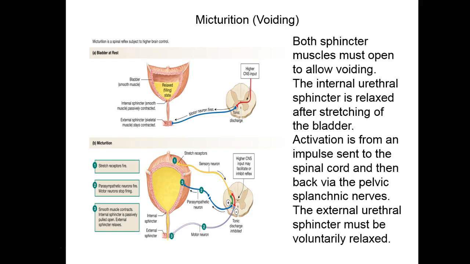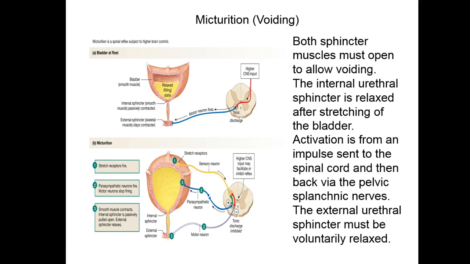This isn't quite the same as your textbook, but in your textbook you have the parasympathetics being stimulated because you have urine pressing against the internal sphincter. That pressure, so stretch receptors, is going to send an impulse via the local to the parasympathetics. That's going to cause the detrusor muscle contraction.